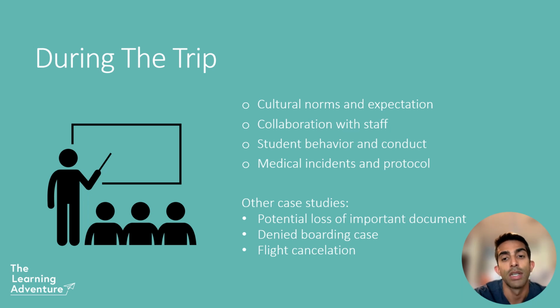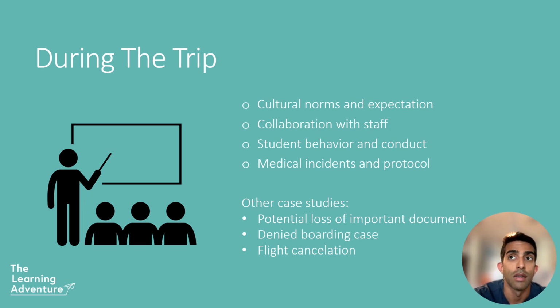We have obviously had cases in the past where a student has inadvertently lost their important documents such as a passport. We make sure that staff or the lead teacher is securing the important documents such as passports at all points in time, unless they are being used by the student to go through immigration or to board an aircraft, for example.